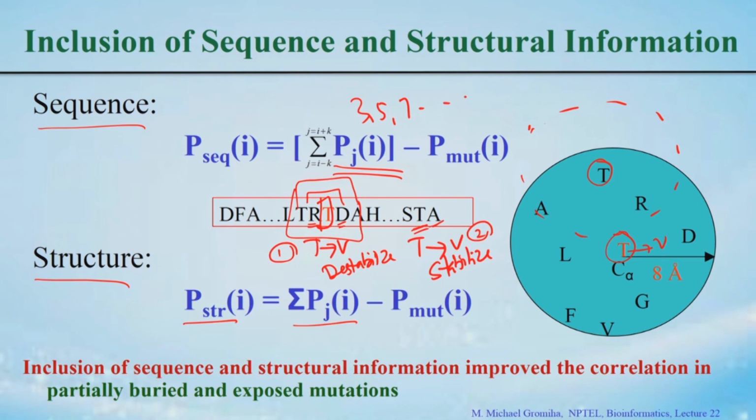This sphere size you can change, say from 4 angstrom to 14 angstrom with different intervals, say 1 angstrom or 0.5 angstrom, and you can optimize it to account for the stability of these particular mutations. Essentially, around 6 to 8 angstrom is sufficient to accommodate the medium range interactions and the long range interactions.